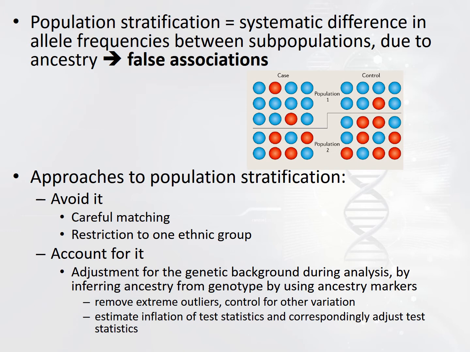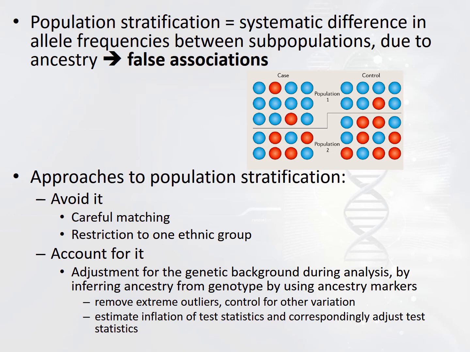In that case, the percentage of Ashkenazi people in the cases will be way higher than in the controls, because of the high prevalence of the disease in that particular population.